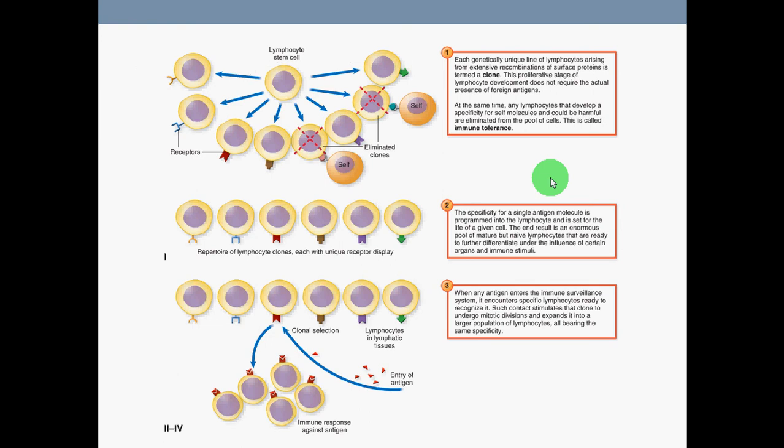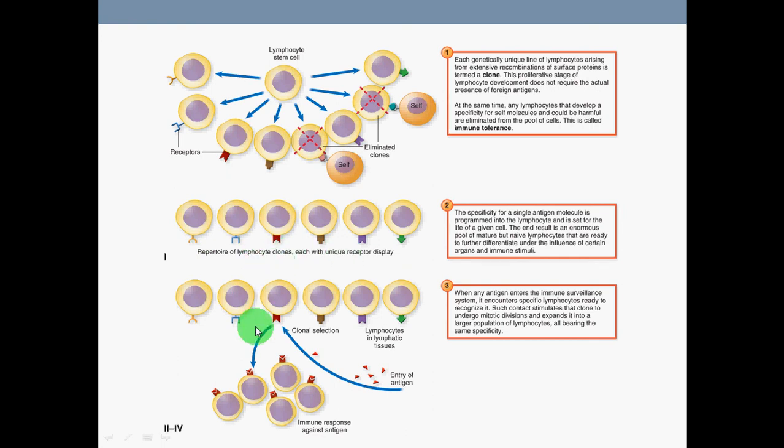This shows you here that originally the lymphocytes that T cells and B cells come from are undifferentiated. So when they start to differentiate, they come up with all of these different versions of themselves. Okay, so with different receptors on their surfaces. But then once your immune system is activated by a certain antigen, there are some of these different cells that are needed more than others.